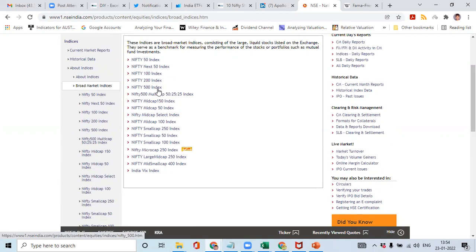Nifty 500 is a broader 500 stocks index. Nifty 500 minus Nifty 100 is this one, the Nifty Midcap and Smallcap 400 index. The companies that can't make it into Nifty 500 will go here, Nifty Microcap. So that's broad market indices for you.